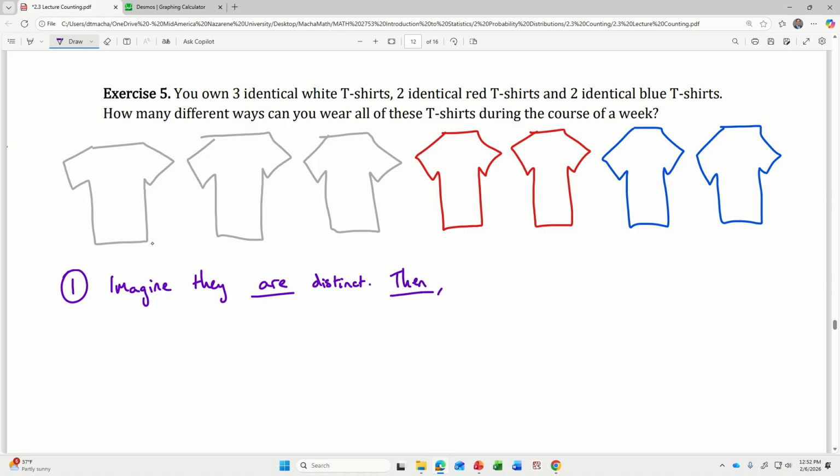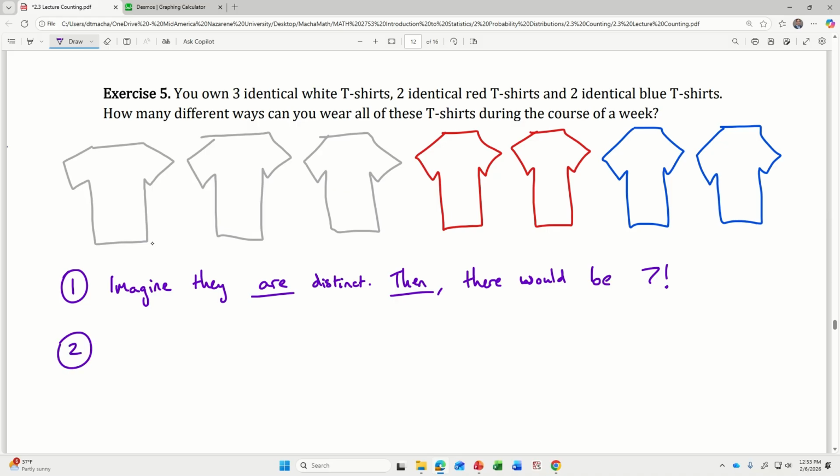Then, in that case, there would be how many different ways to wear 7 distinct shirts in 7 days? 7 factorial. Yeah, that would just be a permutation of the whole set. So if they had distinct shirts, then there would be 7 factorial different ways to wear these.